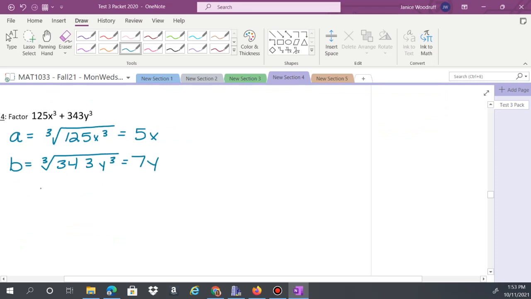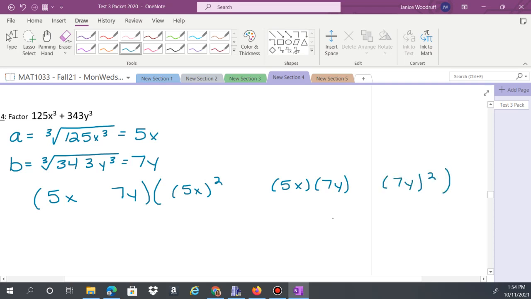Okay, so we set this up. So we have A and B, so 5x, 7y. Okay, then it's a squared, so it's 5x squared, then ab, so 5x, 7y, and then b squared, 7y squared. All right, so we want to square this.